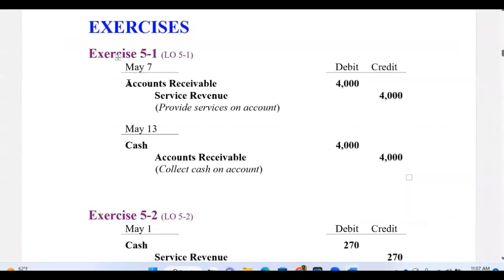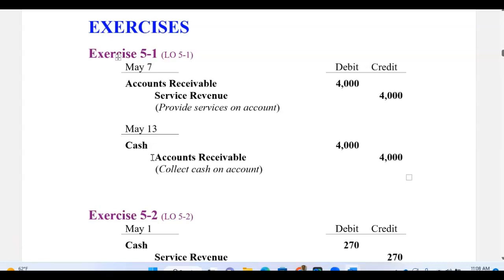So when you sell something, obviously you always recognize accounts receivable as an asset. That's a debit. And then you recognize the revenue as a credit. If it's paid cash, that's great. But most of the time, it will be sending an invoice and waiting for a check to arrive down the road. So that's accounts receivable. That means sales on account.